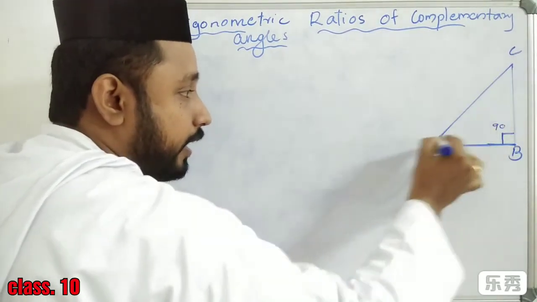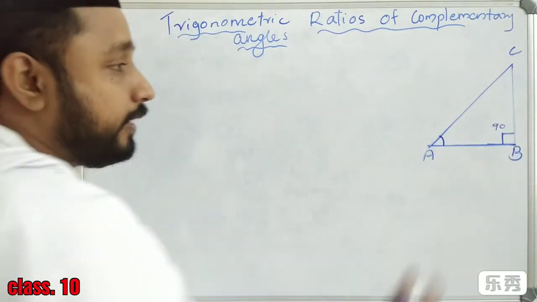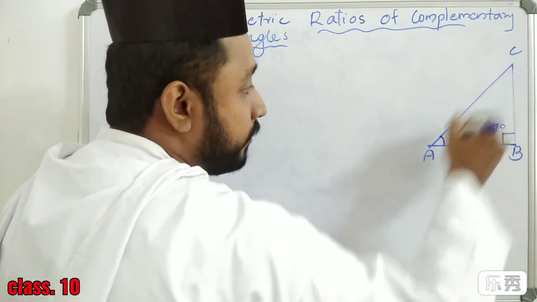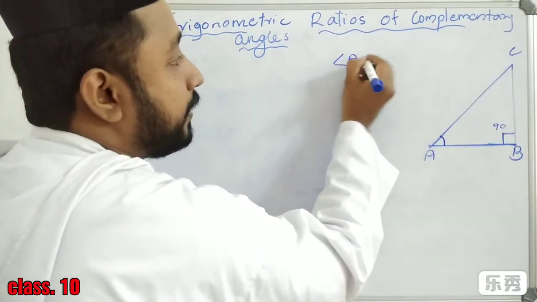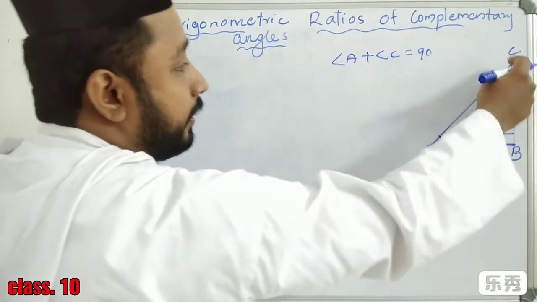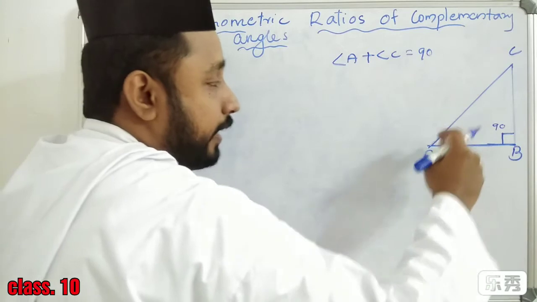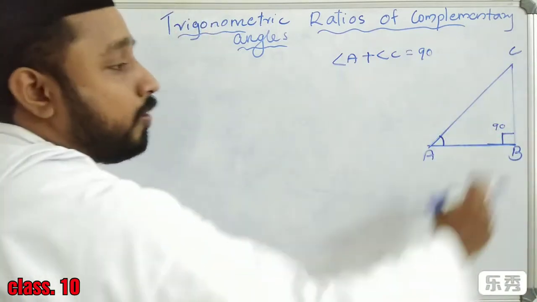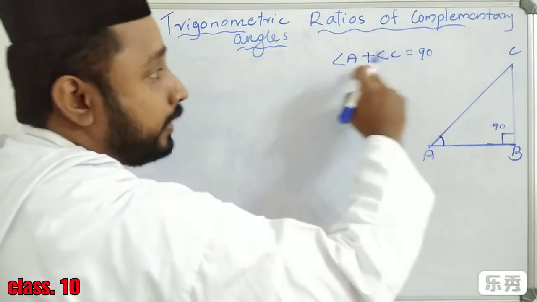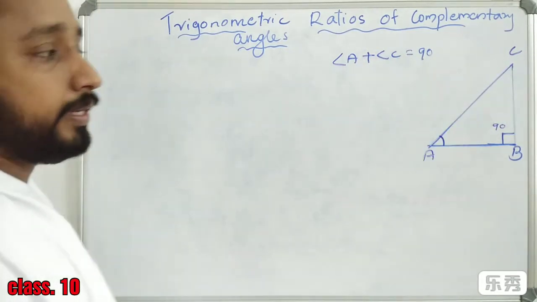The total sum of all angles is equal to 180 degrees. Therefore, the sum of these two, angle A plus angle C, is equal to 90 degrees. The interior angles of a triangle sum to 180 degrees. One angle is 90 degrees, so the sum of the other two angles is also 90 degrees. Then only it will become 180 degrees.